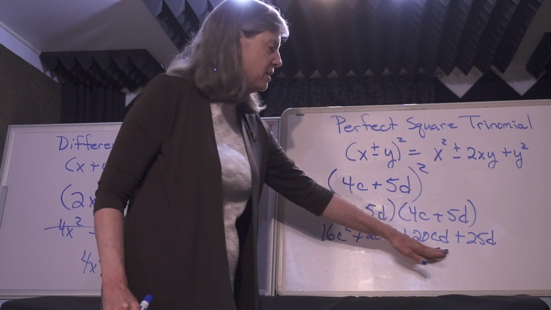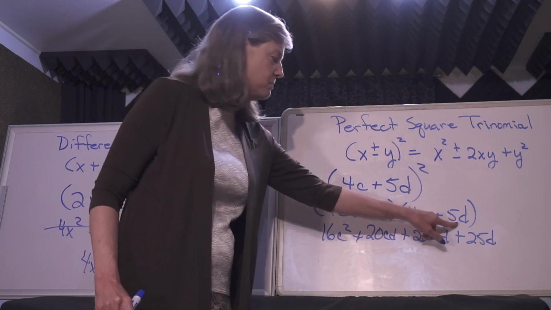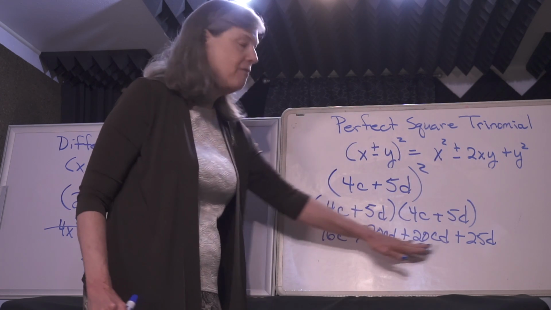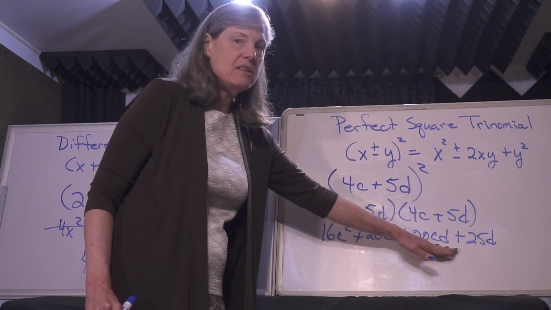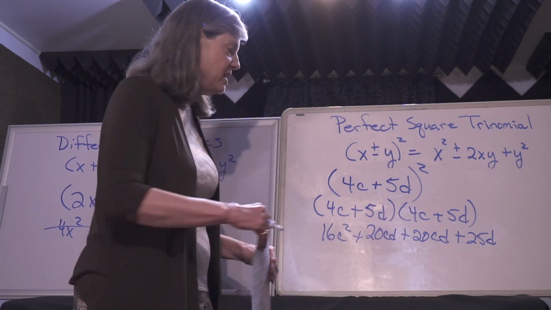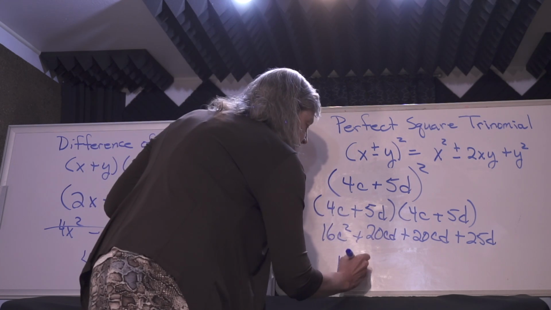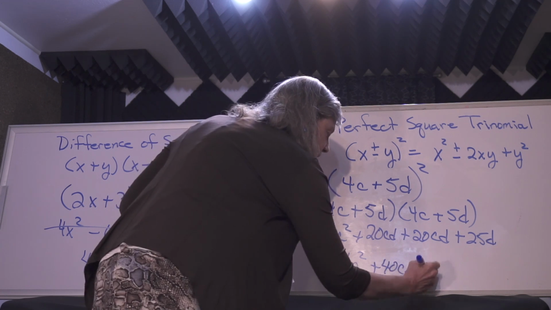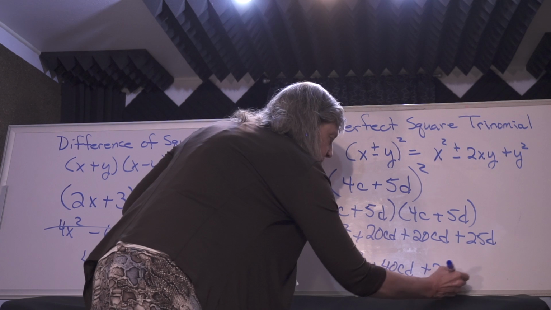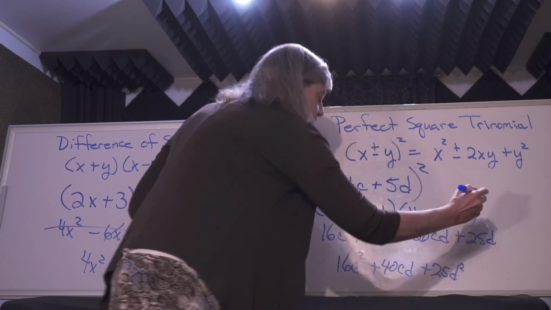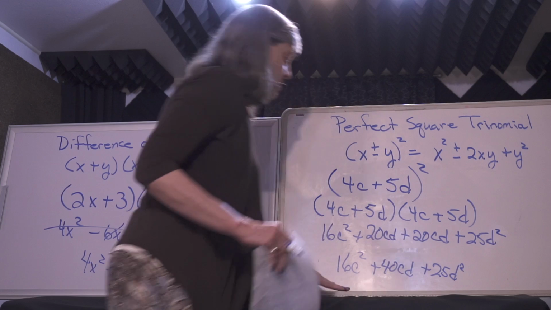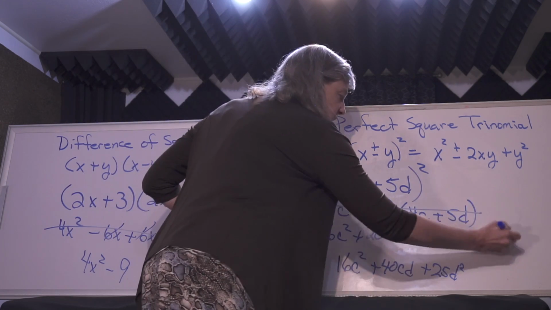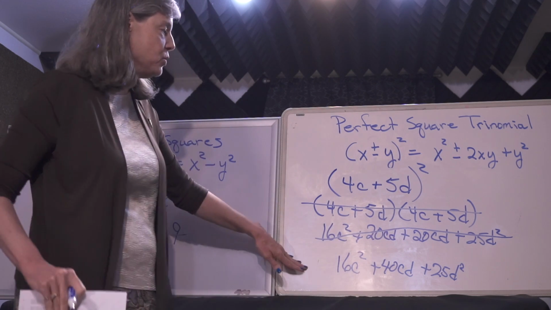Notice my middle term, which I multiplied x times y and y times x, I have two of them, and they're exactly the same. 20 plus 20 is 40, and so I end up with 16c squared plus 40cd plus 25d squared. And that is our answer. But we can go straight to that. We should never have to do this middle stuff in between.